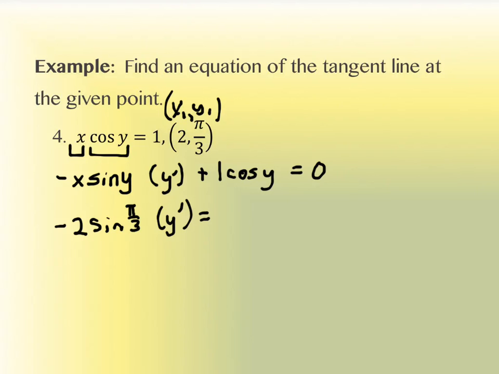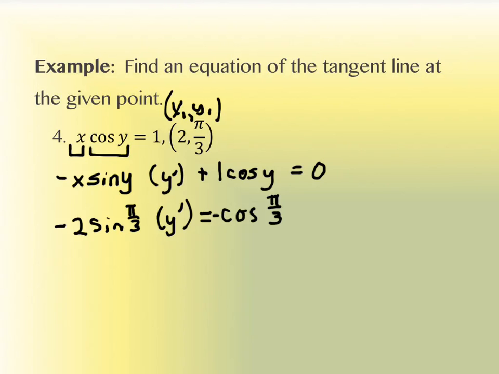We'll solve for it in the end, with specific values plugged in. And then I have the cosine of pi over 3. And just for fun, let me move this cosine to the other side, because it'll be negative cosine on the right. We're going to have to do that eventually anyway, so I'll just do it in this step.